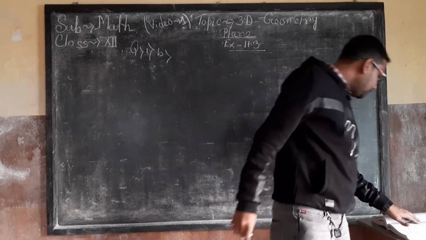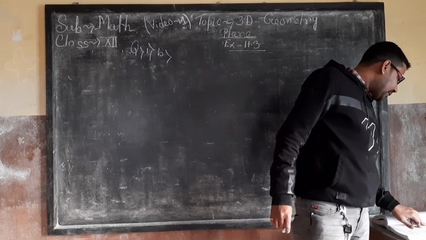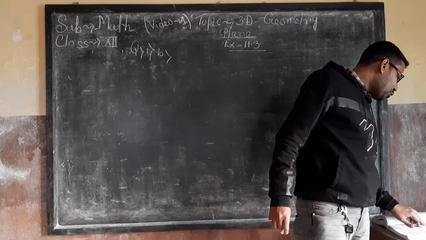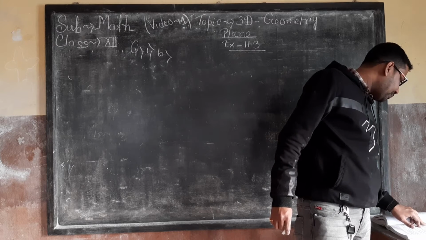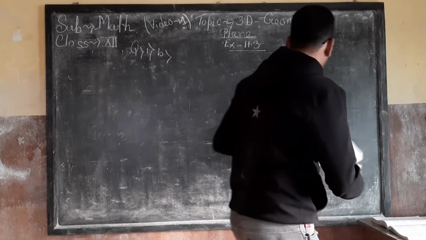What is the question? The question is, in each of the following cases, determine the direction cosines of the normal to the plane and the distance from the origin.